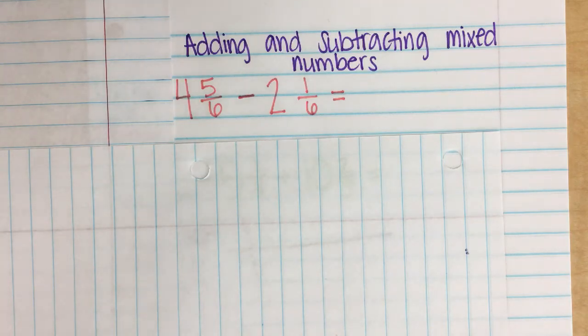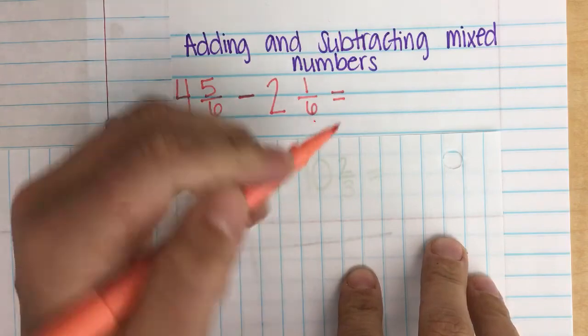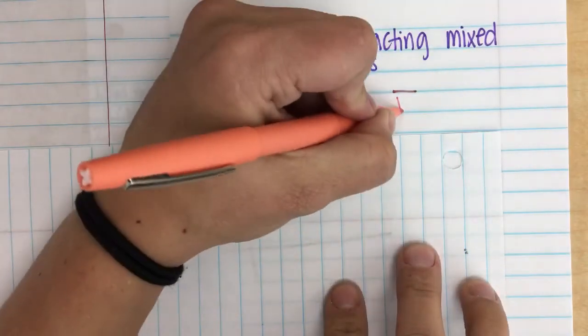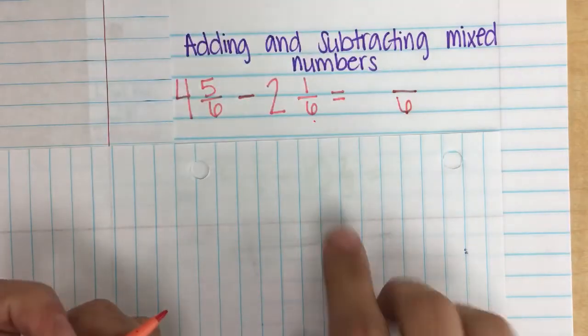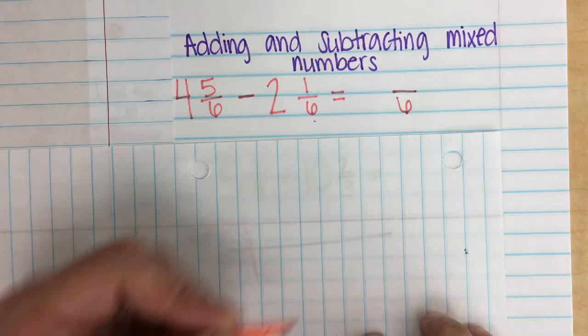So when I'm adding and subtracting mixed numbers, first I need to add or subtract the fractions. So I have 5/6 minus 1/6. Well, when I do that, my denominator is going to stay the same. I look at my numerators. 5 minus 1 is 4.